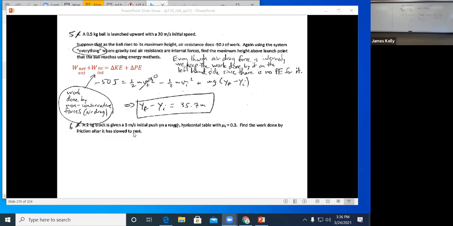Looks like in 6 you could use kinematics, but please don't. Use your energy methods to practice with that in problem 6.